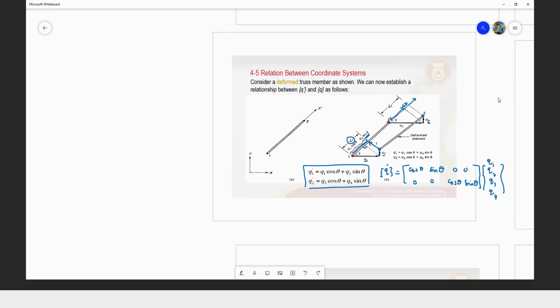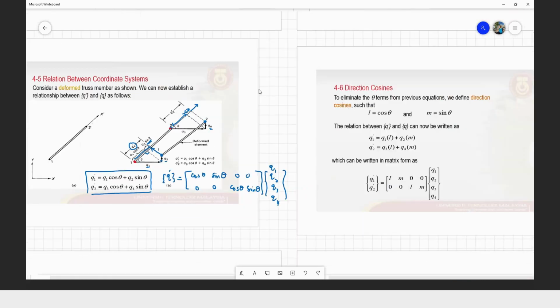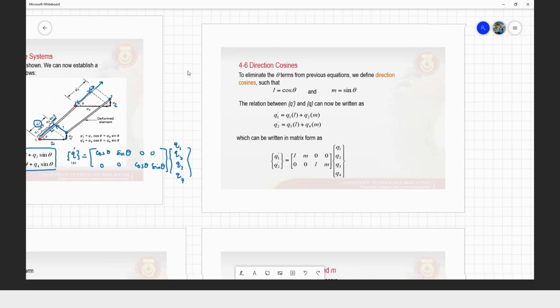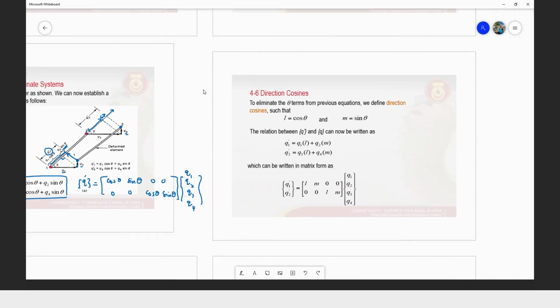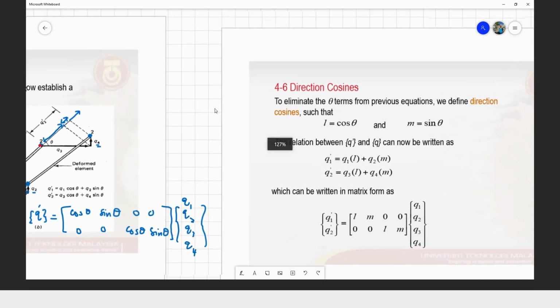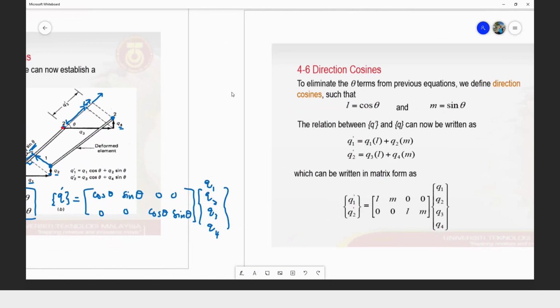Okay, now we have the relation between the displacement in the local coordinate system and the displacement in the global coordinate system, which I write in matrix format as Q prime.